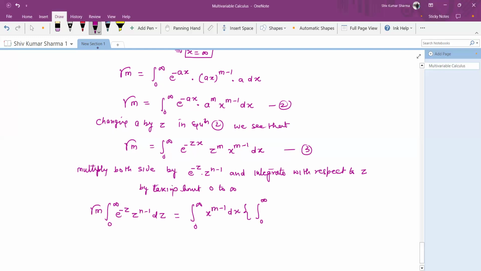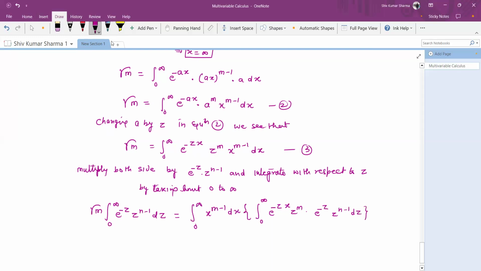When we multiply, we can write it as e raised to the power minus zx into z raised to the power m, e raised to the power minus z, z raised to the power n minus 1, into dz. So we are integrating with respect to z also.